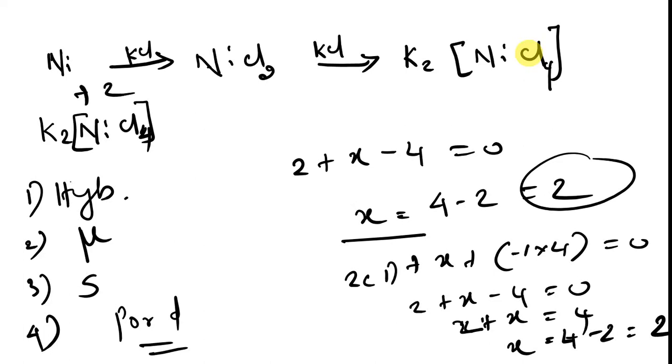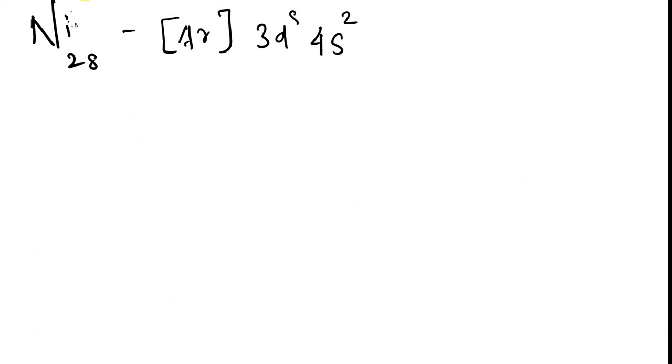So let us write the electronic configuration of nickel here. The atomic number is 28, so the electronic configuration will be argon 18, and the remaining 10 electrons are there. So 4s2, 3d8. Then in the nickel 2 plus form, the electronic configuration is 3d8 only, right?